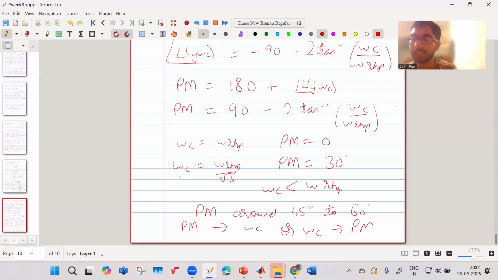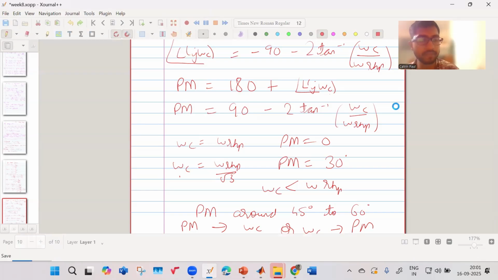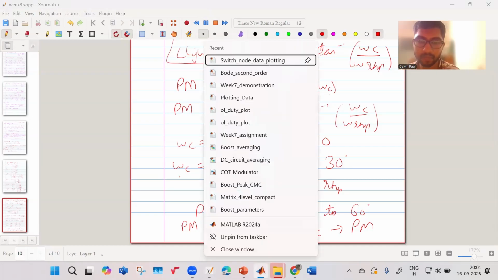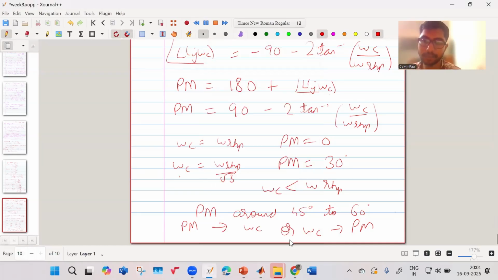We said this is your omega RHP and this is your switching frequency, so we used the thumb rule that it should be the minimum of omega RHP by 3 or switching frequency by 10. But in case they say the phase margin should be this much, then we have to find your omega c, that is your crossover frequency. Okay. Any more doubts in this, or is it clear?